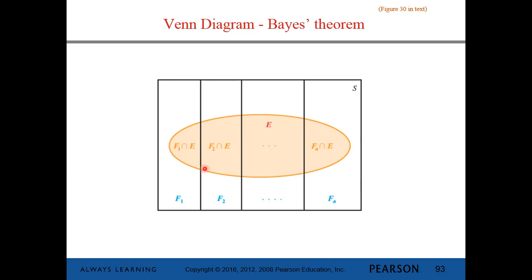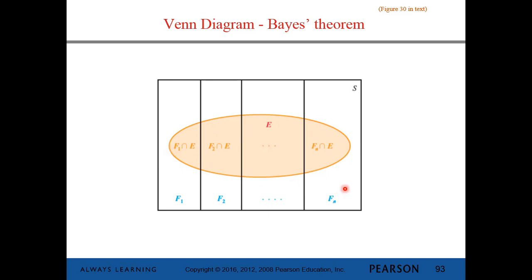So in this case, we have E, and E spans all of these partitions. If I want the probability of F given E has occurred, well, Bayes' theorem says, excuse me, if I want the probability of F2, let's say I want the probability of F2 occurring, given that E has occurred.